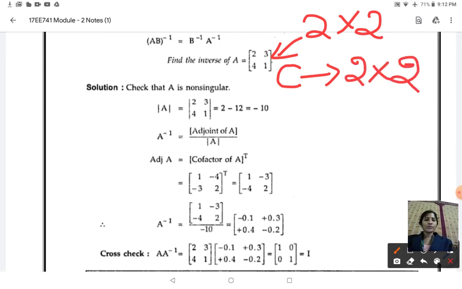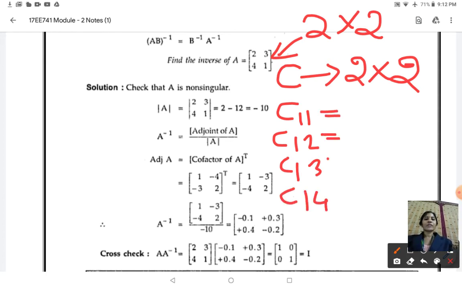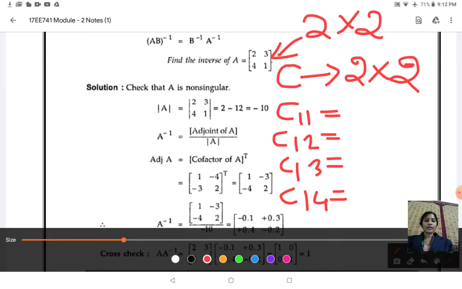So you will be getting C11, C12, C21 and C22, and you need to obtain these.